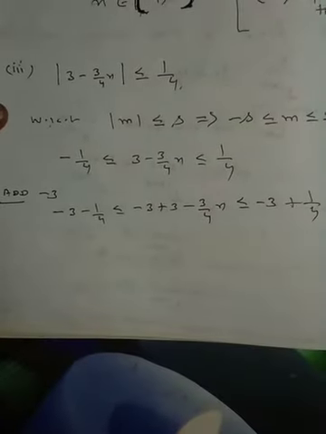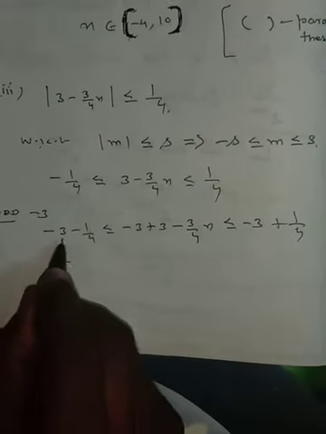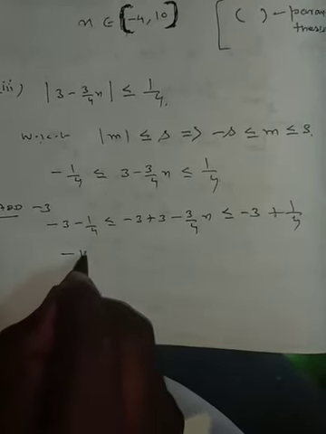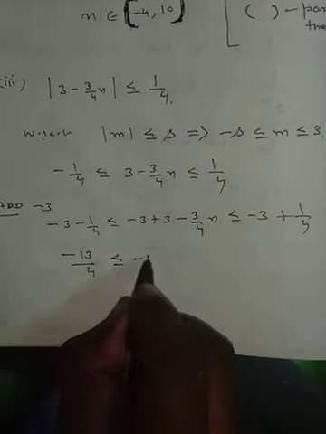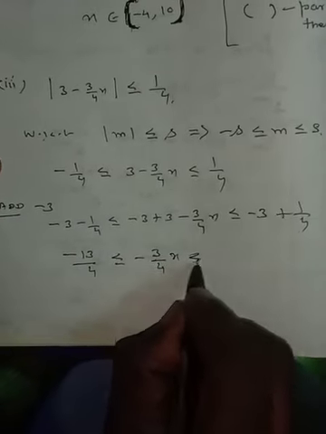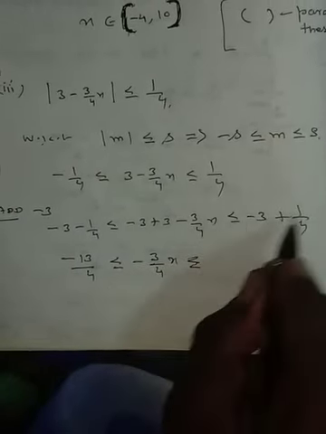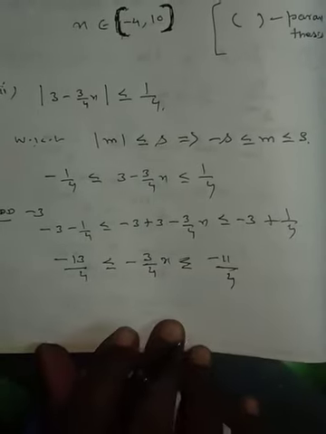Now taking LCM, we have minus 13 by 4 less than or equal to minus 3 by 4x less than or equal to minus 12 plus 1, which is minus 11 by 4.